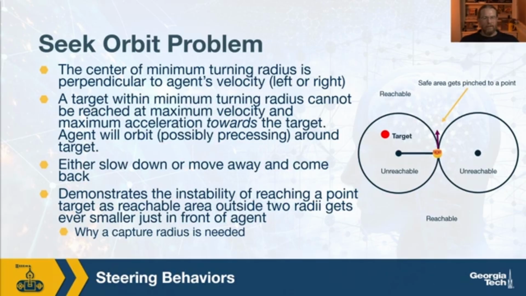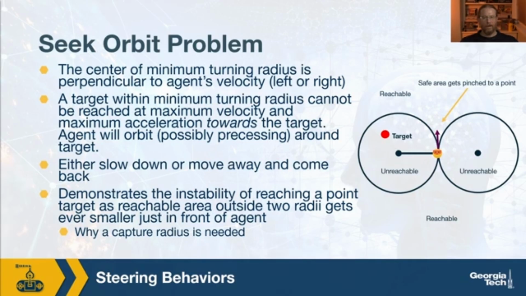So at any given point, let's say you have an agent that's facing in a forward direction and is currently moving in a straight line, let's say at full speed ahead. Well, you can look either to the left or the right of the agent relative to the forward vector.